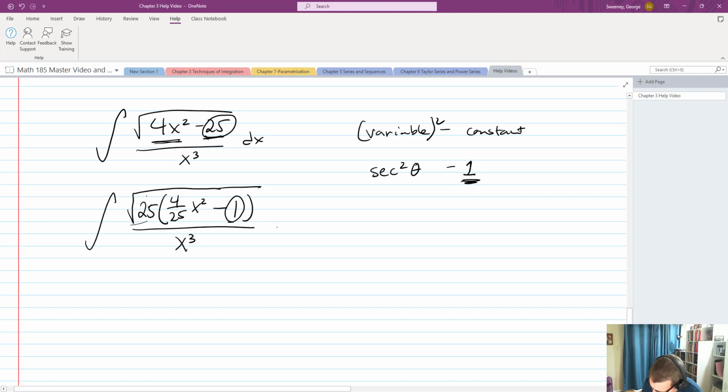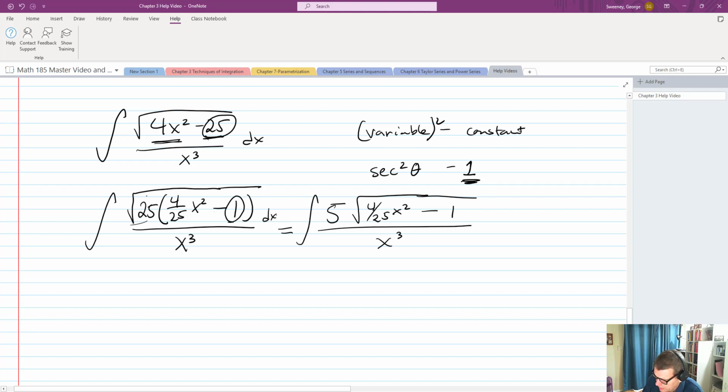Then I'm going to simplify out the 25, so this is going to be 5 times the square root of 4/25 x squared minus 1 over x cubed, and we're going to find that integral. These are all dx.